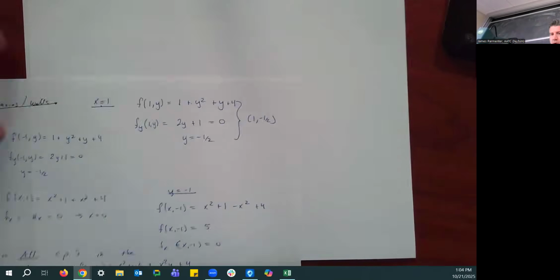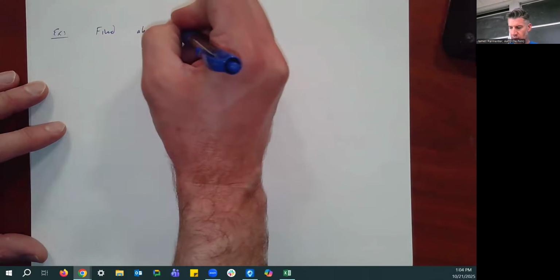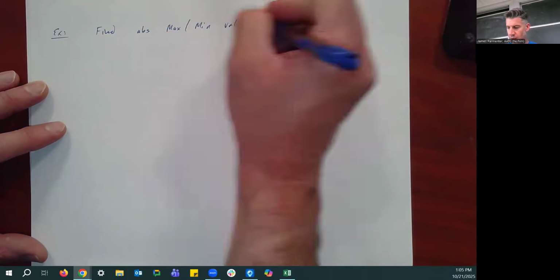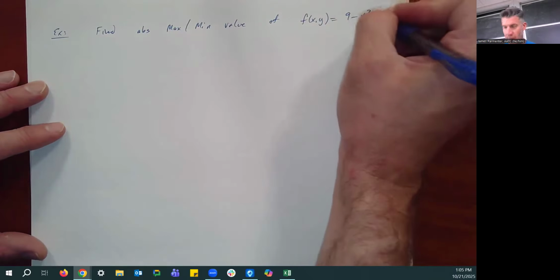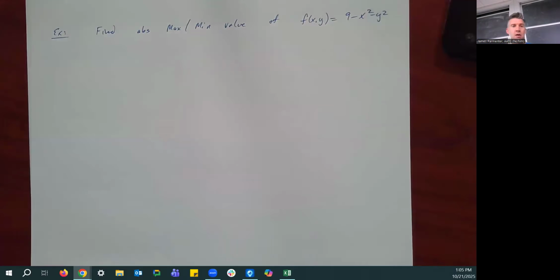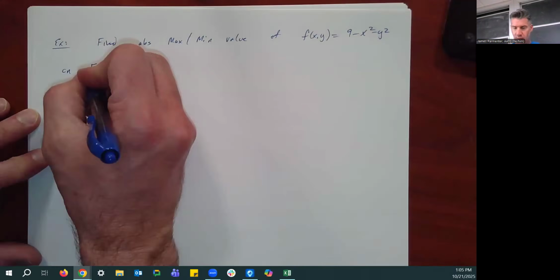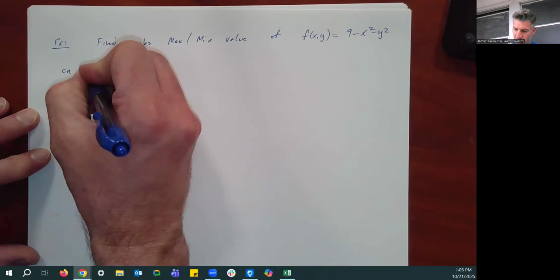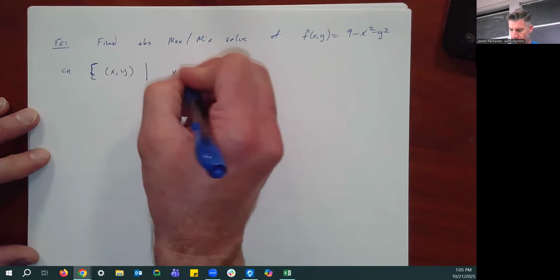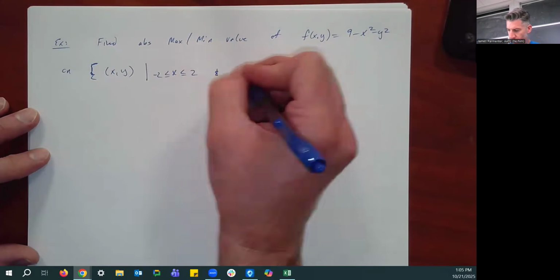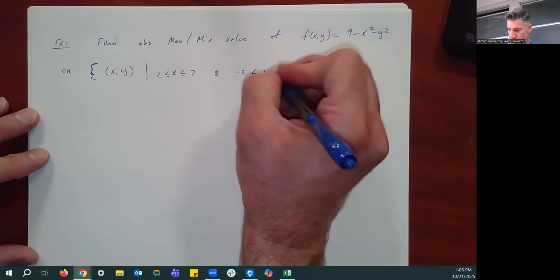So here's an easy example, relatively. Same sort of question. Find the absolute maximum and minimum value of f of x comma y equal to 9 minus x squared minus y squared, our favorite upside down paraboloid, on the interval of xy coordinates where x is between negative 2 and 2, and y is also between negative 2 and 2.